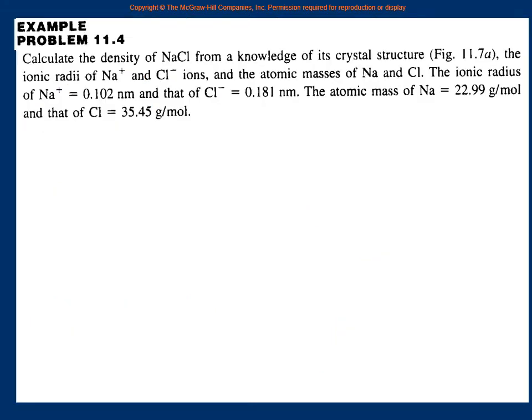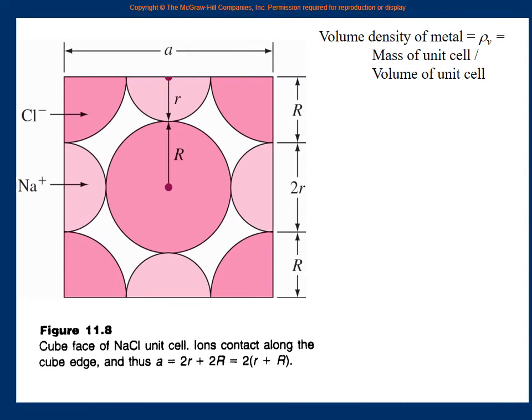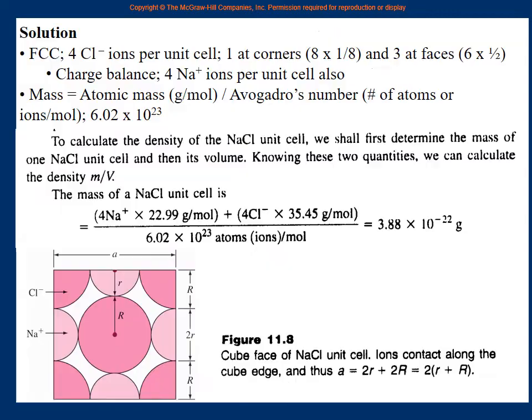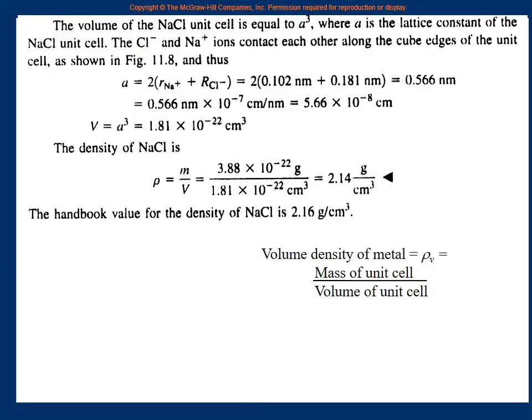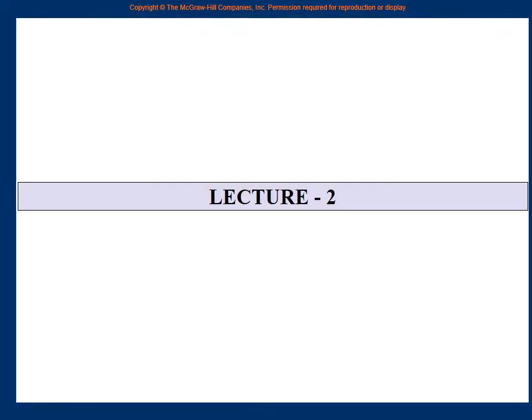We solved a problem on the calculation of the density of a sodium chloride ceramic, explained through the figure, and then the further details of the solution, where in the end you find the density of the sodium chloride. So that is where we stopped last time. Let us now start the second lecture of this chapter.